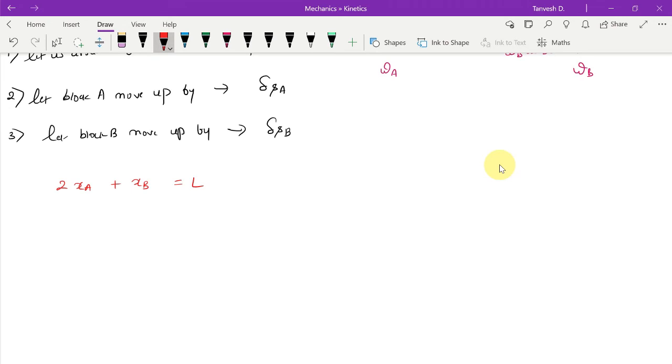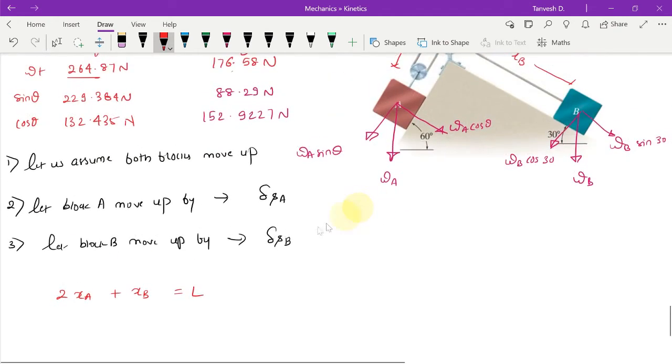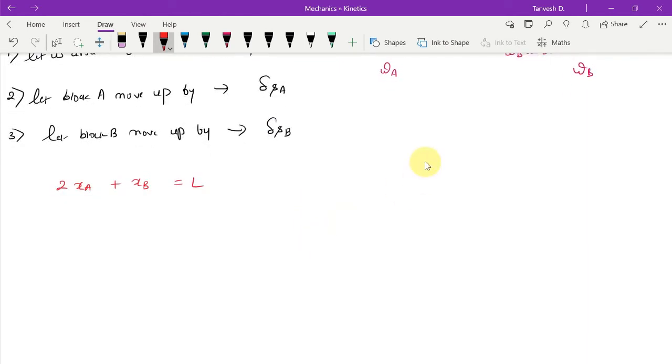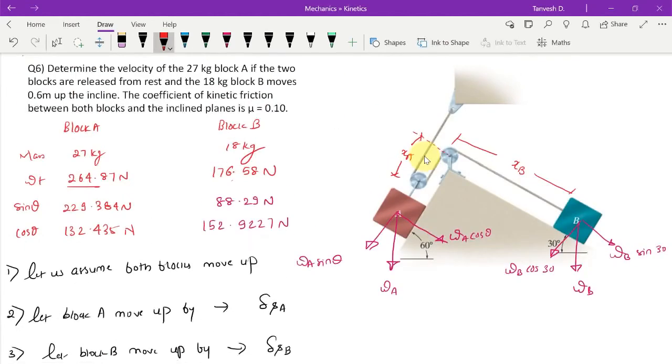Now after the change has happened, after block A has moved up by delta SA and block B has moved up by delta SB, there will be a change in length. So here there is a movement of delta SA and here a movement of delta SB.